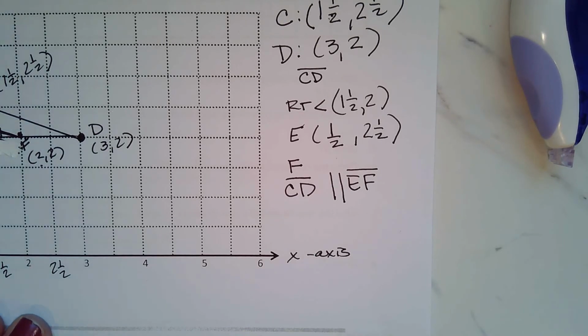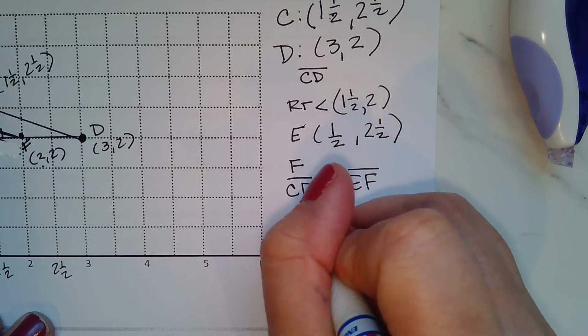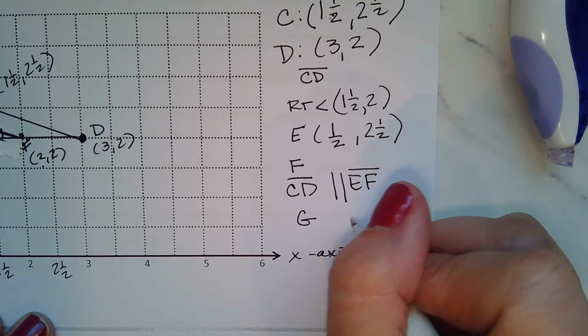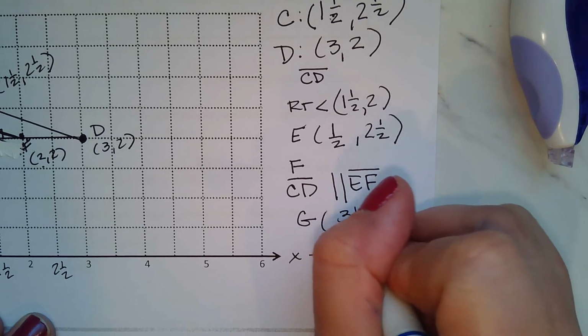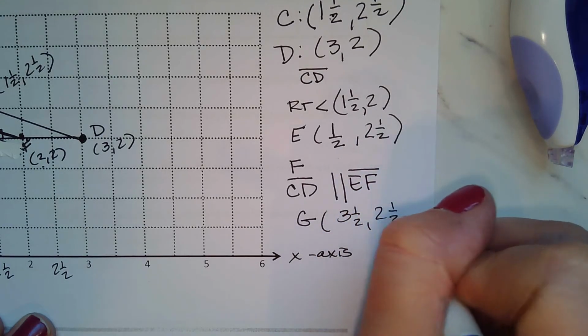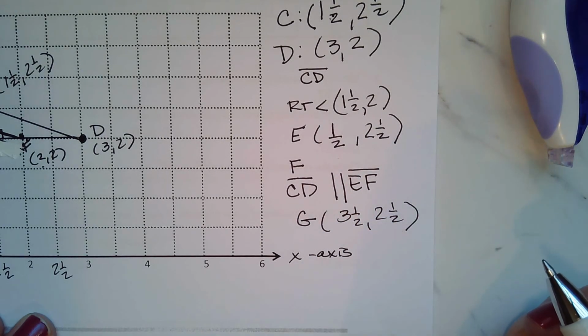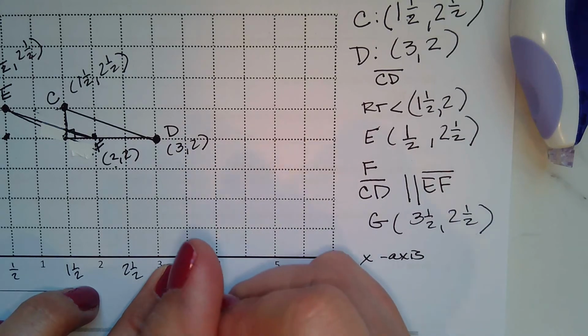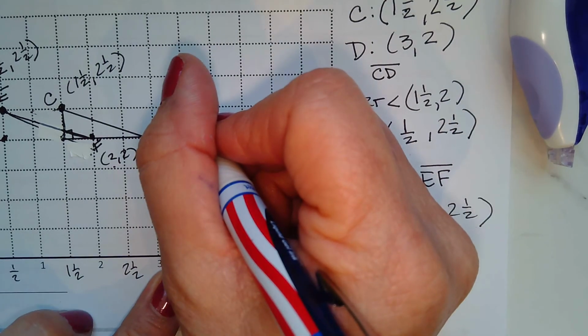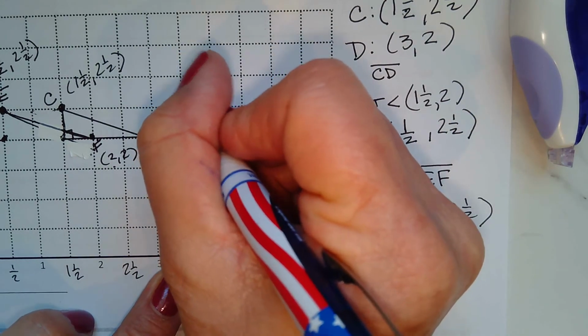Now, what if I asked you to plot the point G on the line, and I want you to plot it at 3.5 and 2.5? So plot that point. Where does that end up? So 3.5 and 2.5 right here.